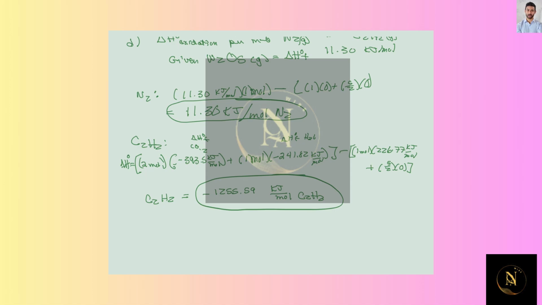I lied, that was wrong. It's 2 times negative 393.5 plus negative 241.82 minus 226.77.